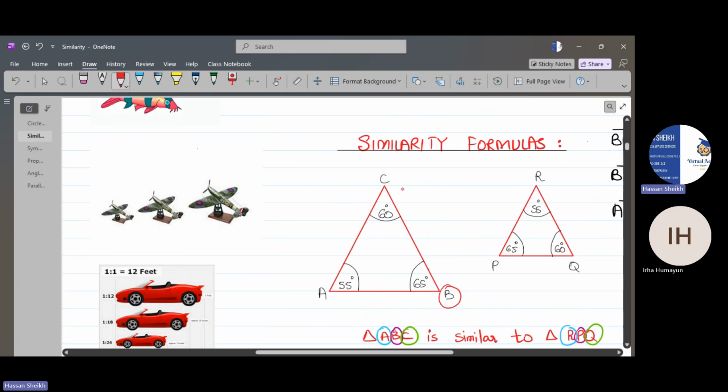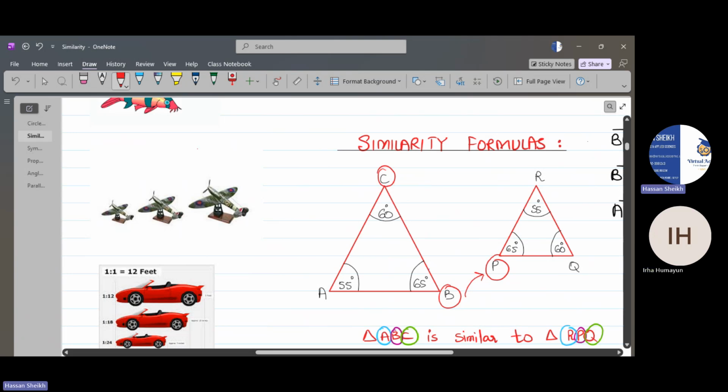Now check, where do we have the 65 degree angle in triangle PQR? On vertex P. So P vertex corresponds to B, or B vertex corresponds to P. Does this make sense? Yes.